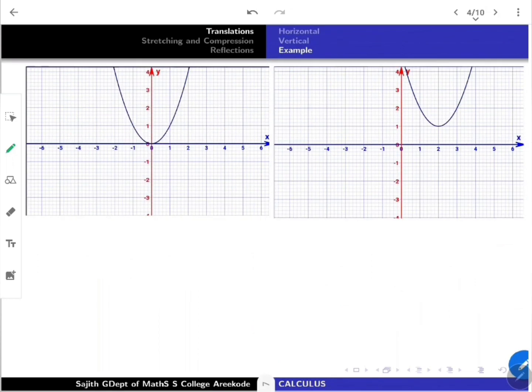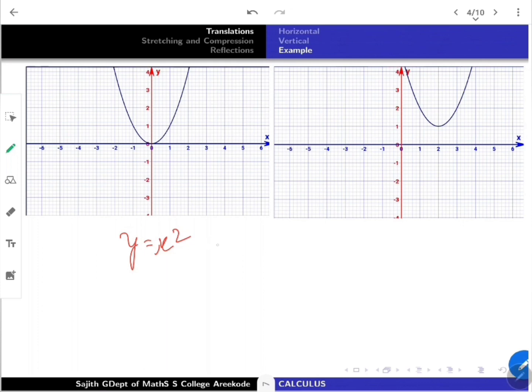Let us consider one more example. This is y equals x square, or f of x equals x square. Now look at the graph on the right hand side. I can get the graph shown on the right side as follows.